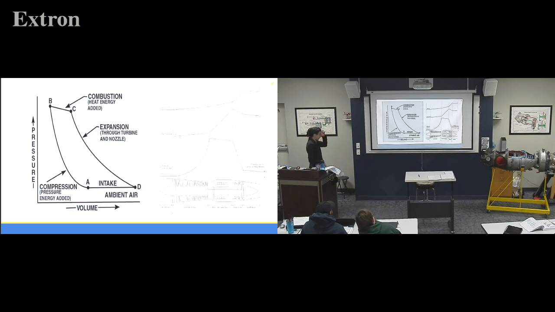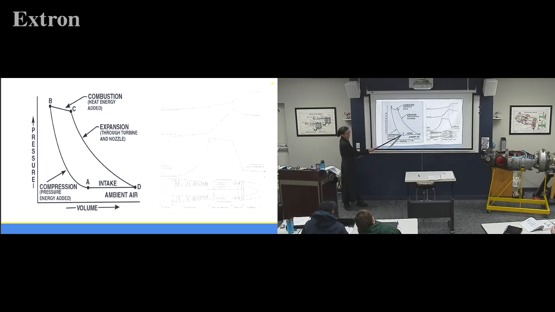So here is a graph, two graphs of what is going on where in an engine. So we have volume increasing this way, pressure increasing this way. So we're going to start here at compression, at the beginning of our engine, at a certain volume and pressure.